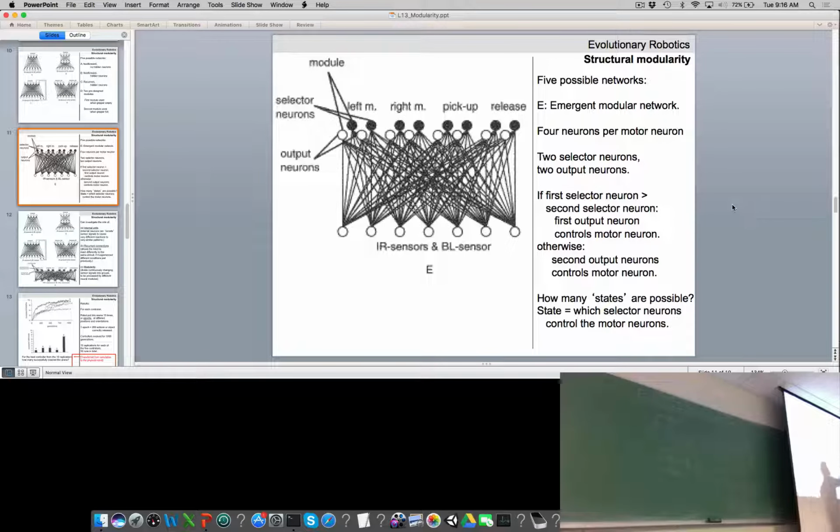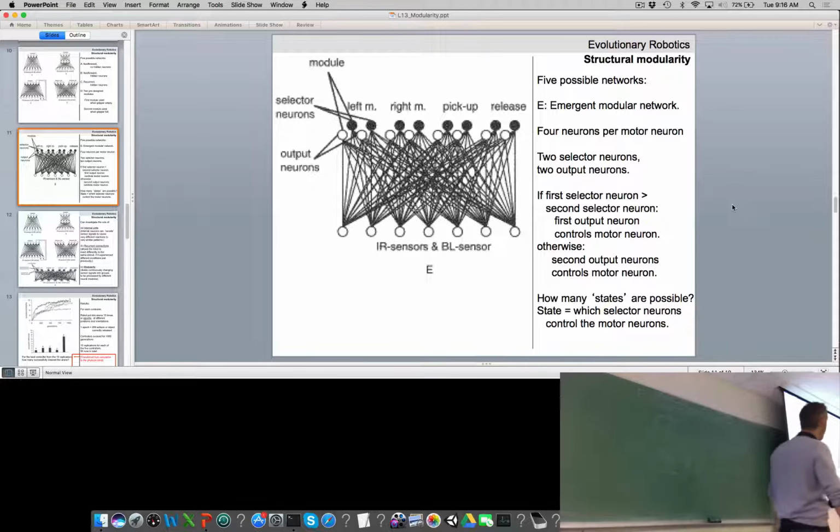Let's imagine that the seventh one here, which is the BL sensor, the light barrier sensor, whenever this is high, meaning the beam is broken, this goes through to the left motor. Imagine that when the light barrier is unbroken, this value is low, that this neuron takes control of the left motor.